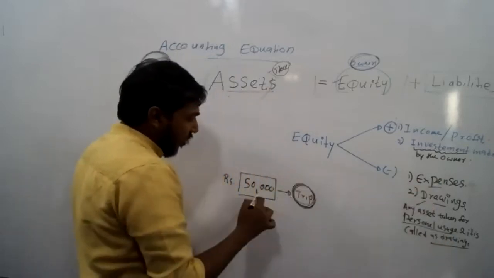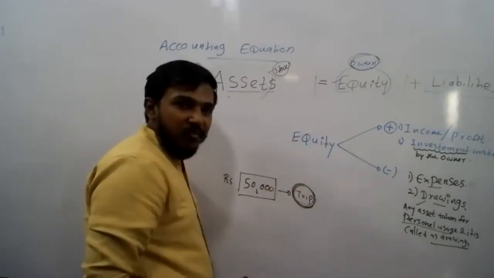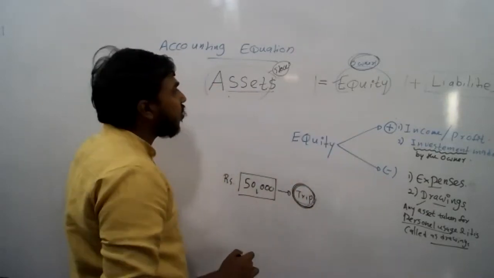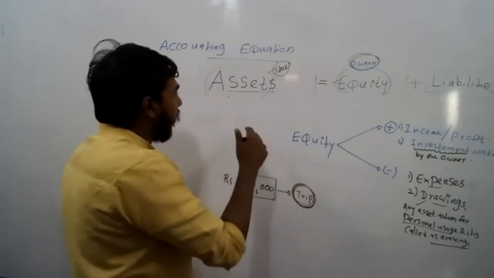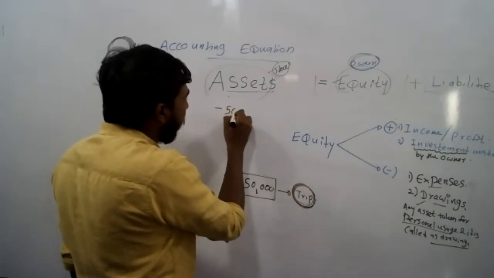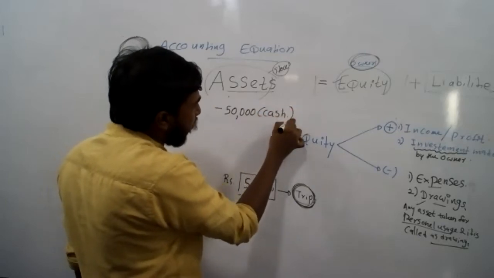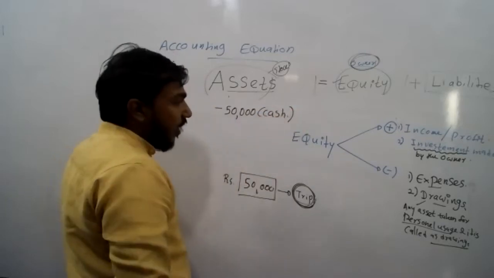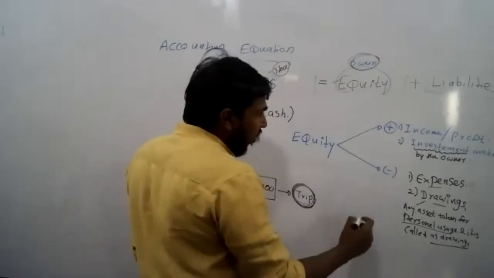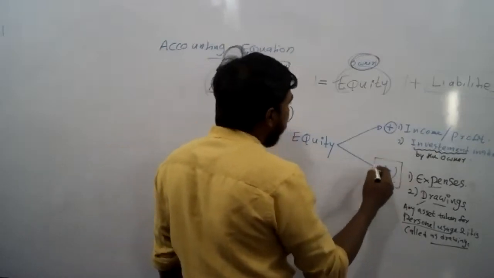So how do I adjust this? Cash rupees 50,000 taken for personal usage. Think from the cash perspective. So cash would be decreased by 50,000. This is the drawings. Because of the drawings, equity would be decreased by 50,000.